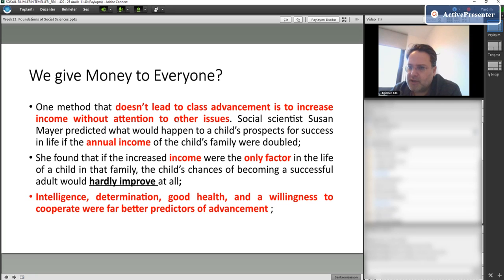So the child must want to, and there should be this internal belief, conditioning, socialization of making something out of your life, having good health and willingness, commitment to the cause, and, for example, willingness to cooperate with other people. These are better predictors for advancement.